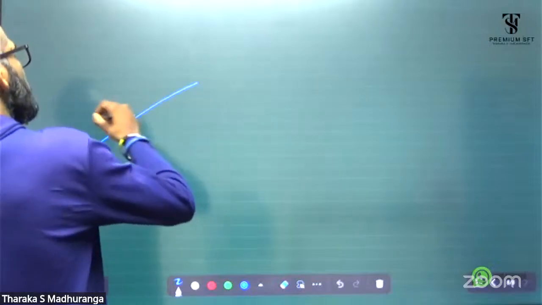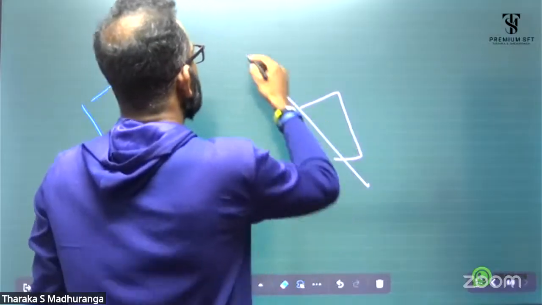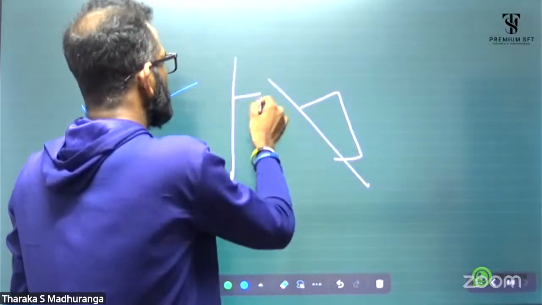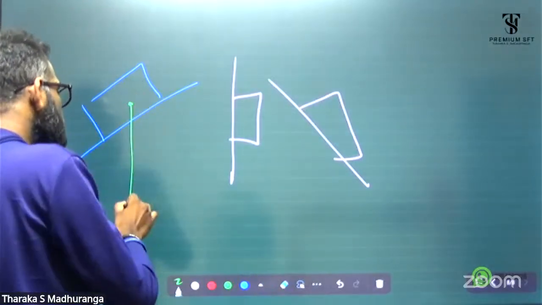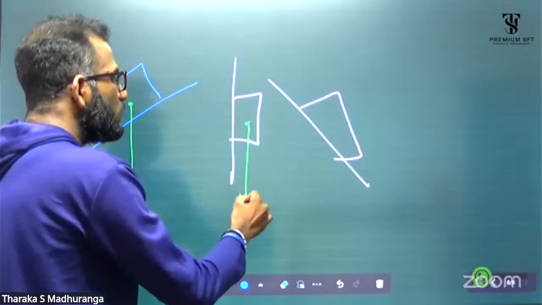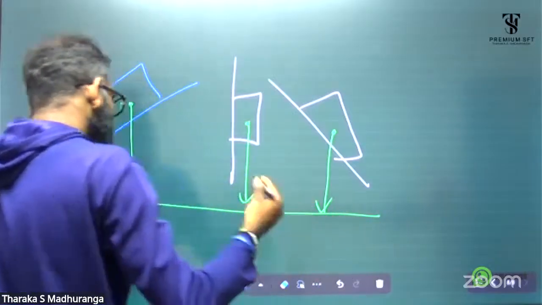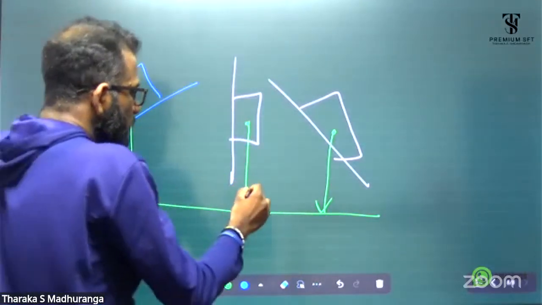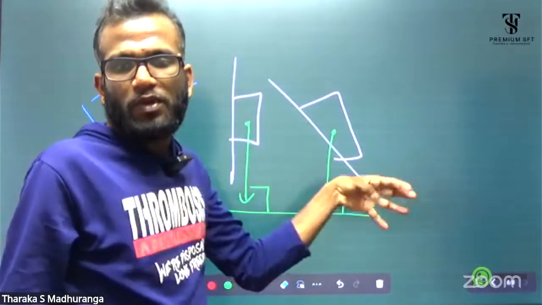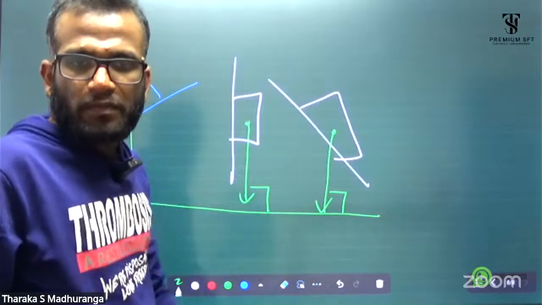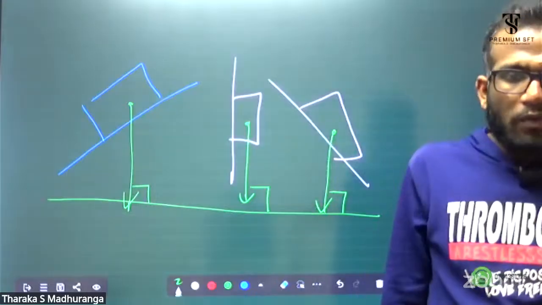Whichever way the object is placed, weight acts towards the gravity direction, which means the weight force is always perpendicular to the ground level.